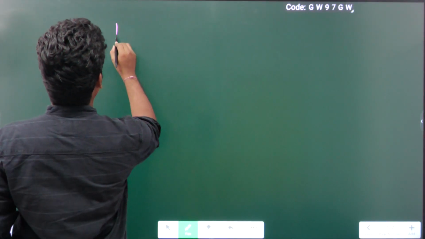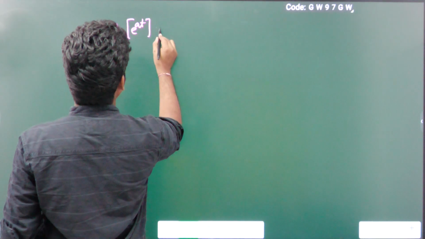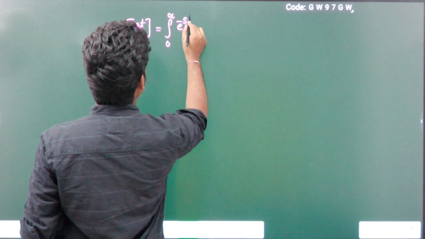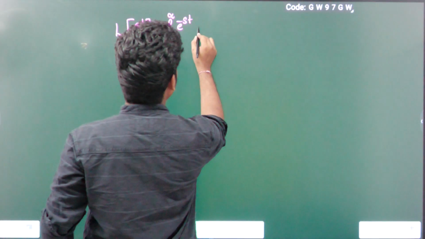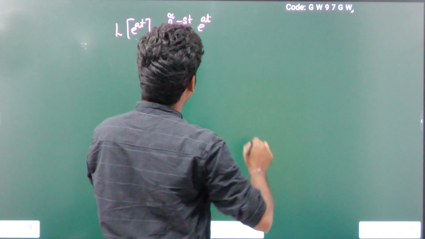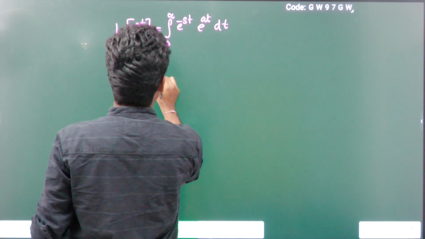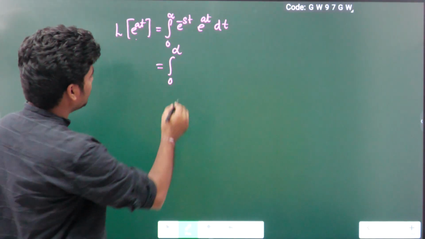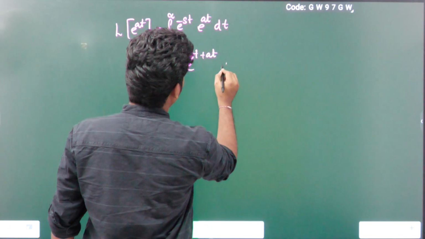Example: the Laplace transformation of e power at. This equals the integral, same formula, 0 to infinity e power minus st into f of t dt. Instead of f of t we take e power at, so the integral from 0 to infinity, the bases are equal so the powers should be added, we can take it as minus st plus at into dt.